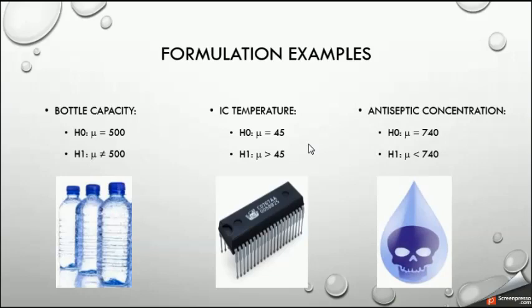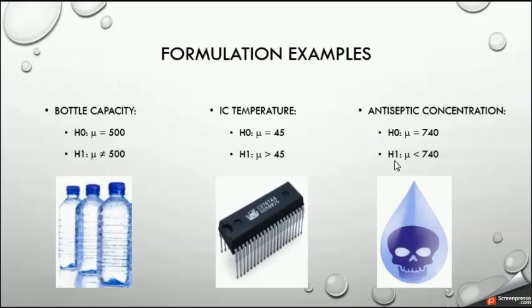Also, for the swimming pool example, we have seen the antiseptic concentration, which should be maintained at least at 740 parts per million. This is our initial assumption, or the mean value that the concentration should stay at.